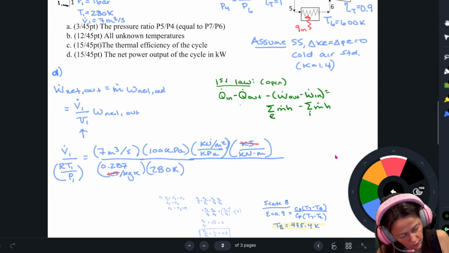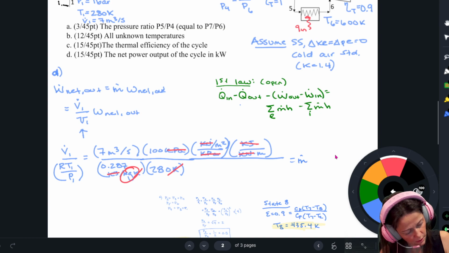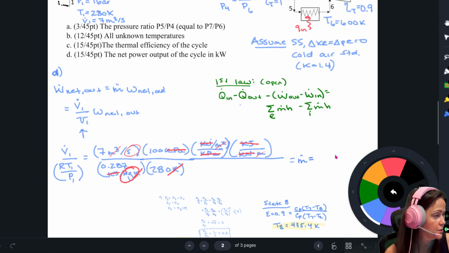Kilojoule, kilojoule, Kelvin, Kelvin, kilopascal, kilopascal, kilonewton, kilonewton. Remember this whole thing is your m dot, and so you should be left with units of kilograms per second.